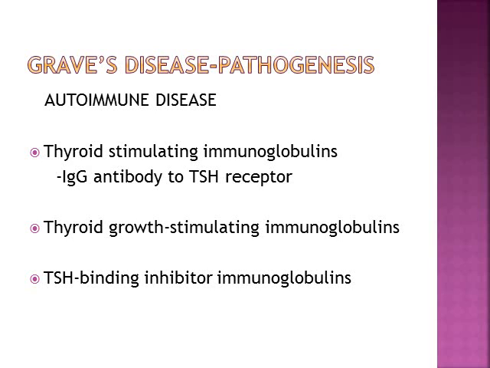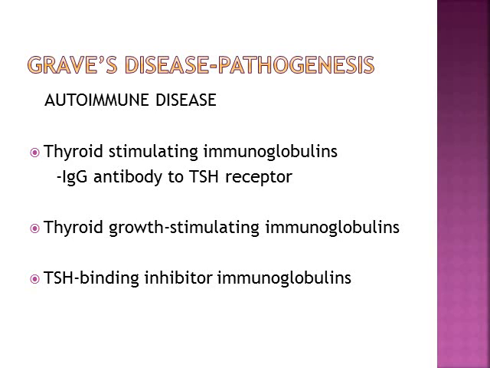So where is the antigen here? The antigen is nothing but the TSH receptor. What madam discussed, the TSH receptor, and the majority of antibodies are targeted towards this TSH receptor. There are some mice studies also.